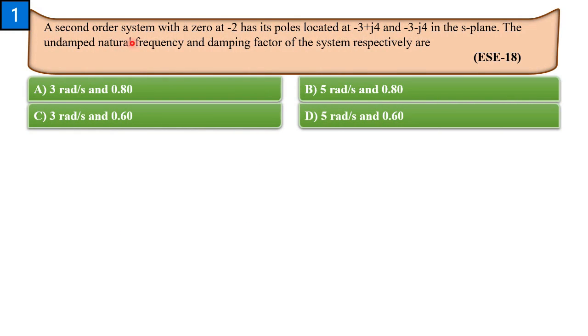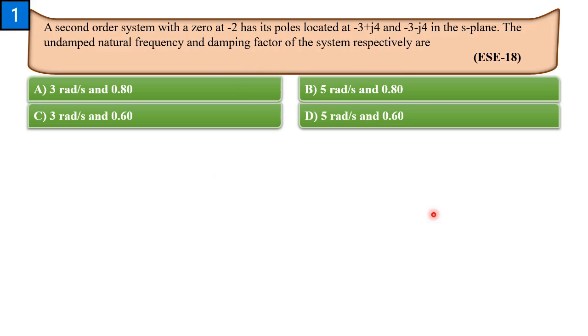A second order system with a zero at -2 has its poles located at -3 plus j4 and -3 minus j4 in the S-plane. The undamped natural frequency, omega n, and the damping factor, zeta, of the system are respectively?